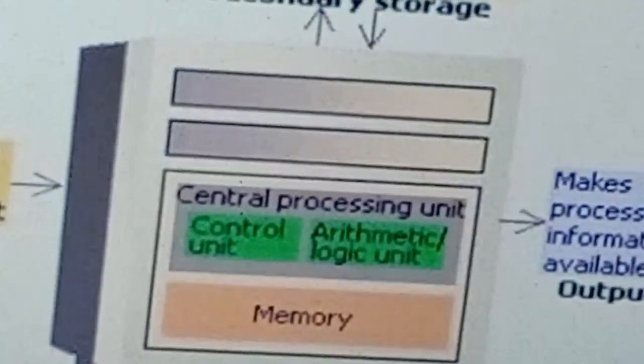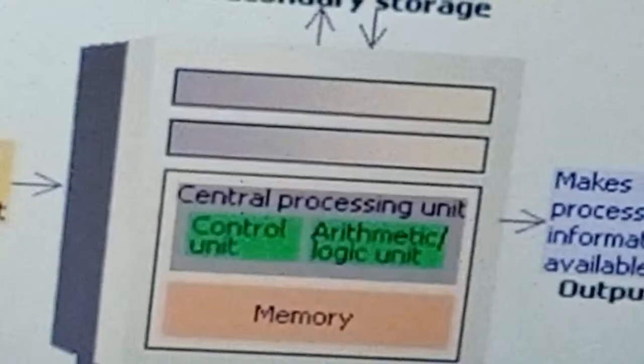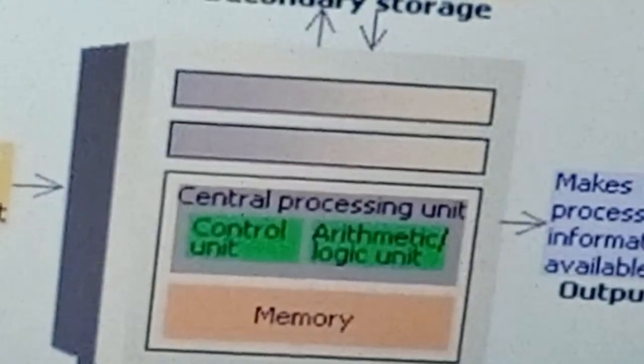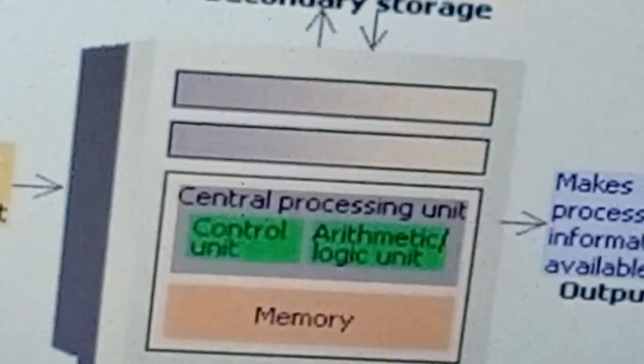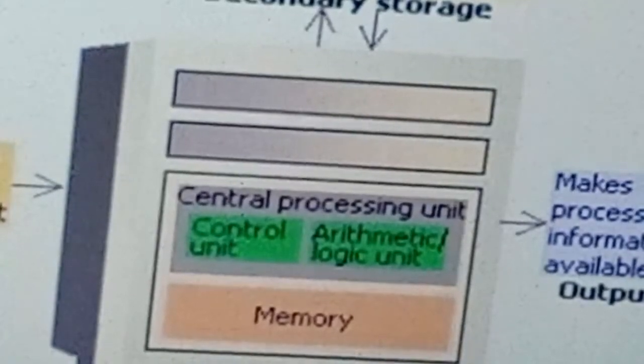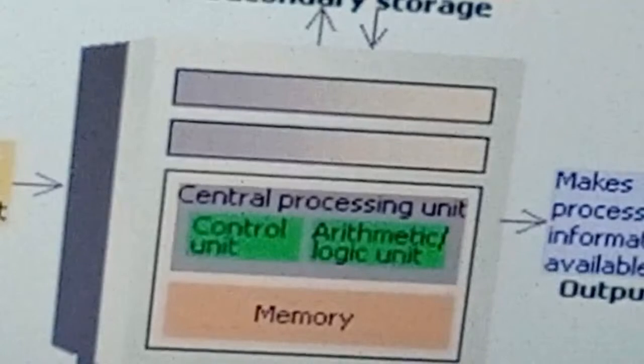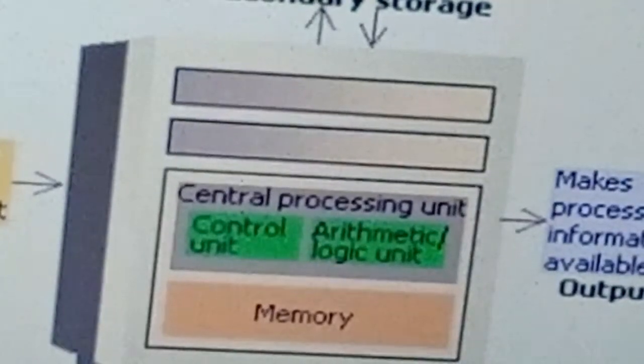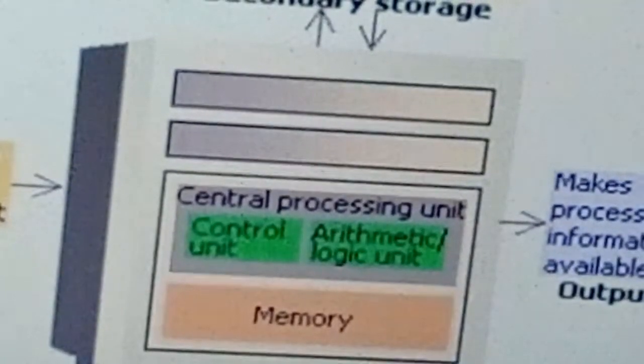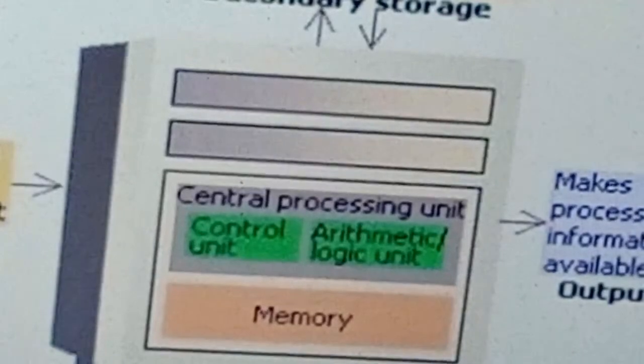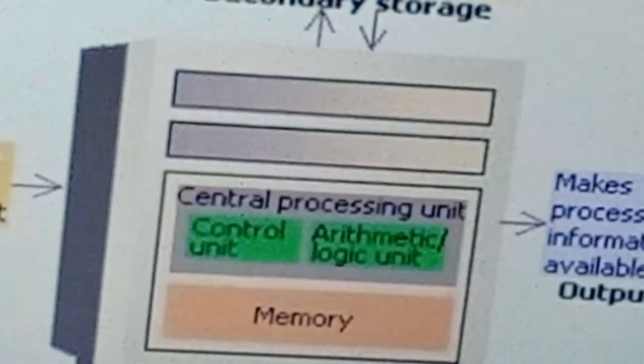Now coming to secondary memory, it refers to external storage. The data cannot be directly processed from secondary memory, but is transferred first to primary memory and then accessed by the processing unit. It refers to all external devices such as floppy disks, magnetic tapes, CDs.